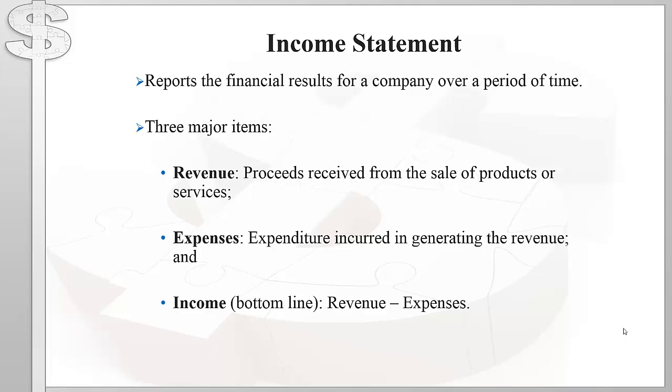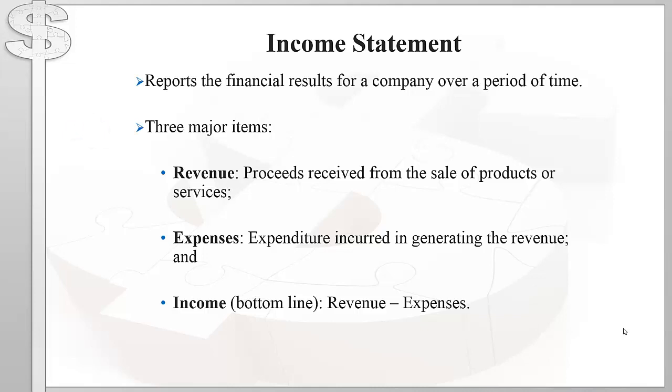Now let's look at the income statement. The income statement provides information on the revenue, expenses, and the income of a company for the financial period. It tells us how profitable the company is.